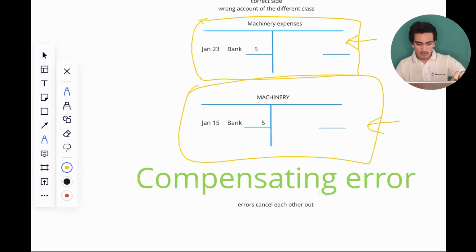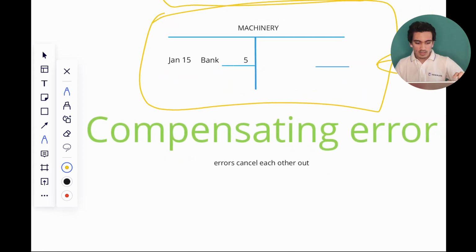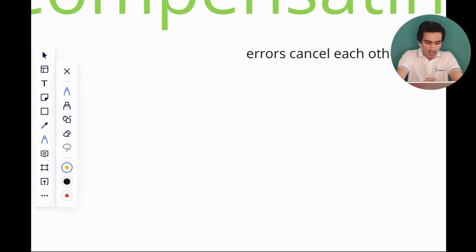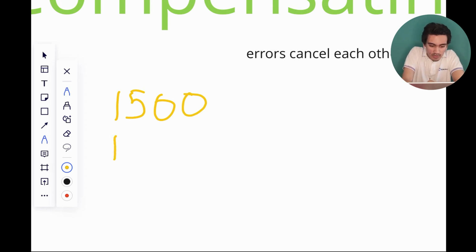Then we have compensating errors. These are very simple. These are just kinds of errors that cancel out each other. For example, in one of the accounts I had to make a debit entry of $1,500, but I only made a debit entry of $1,400, for example, when purchasing a new machine.